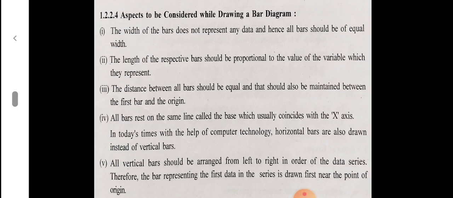It means according to data table, first data in the series is presented first from the y-axis, and then other data are presented left to right on x-axis from the y-axis.